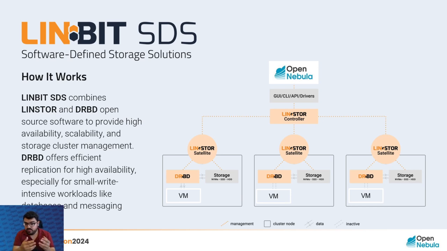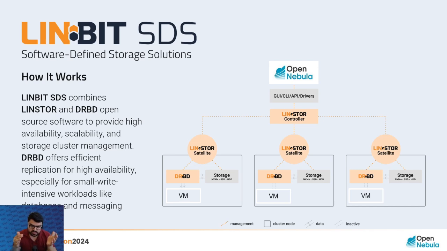When I say LINBIT SDS, there are too many tools involved under this name, including the open source DRBD and LINSTOR, and there are LINBIT GUI, LINBIT Gateway, and so on and so on. But at its core, LINBIT consists of two components, the controller and the satellite.